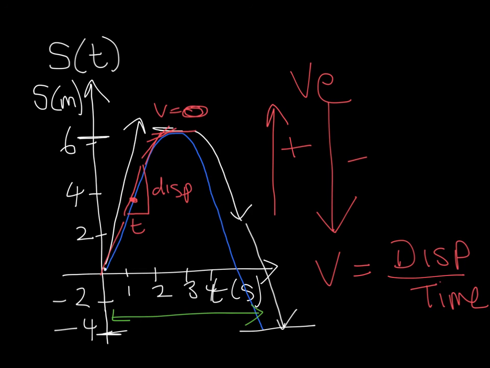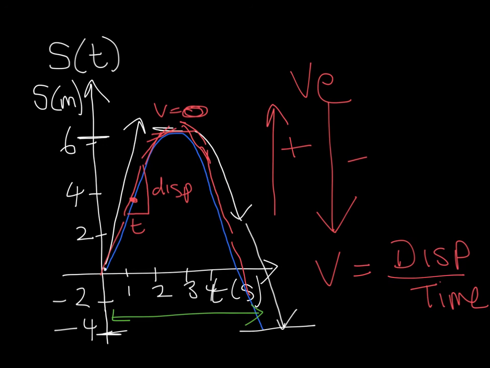And then the ball starts to fall. The velocity starts to increase, and we have a negative gradient, so we have a negative velocity on the final part of the journey until it hits the ground.